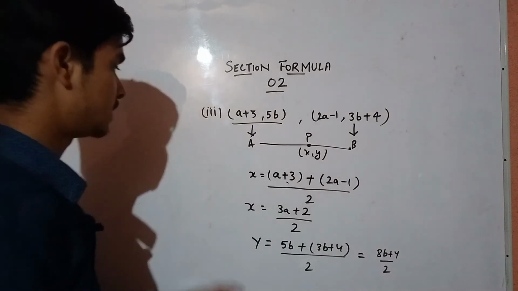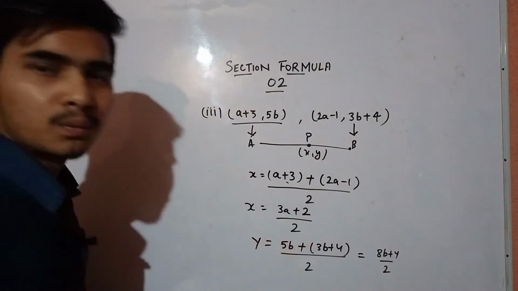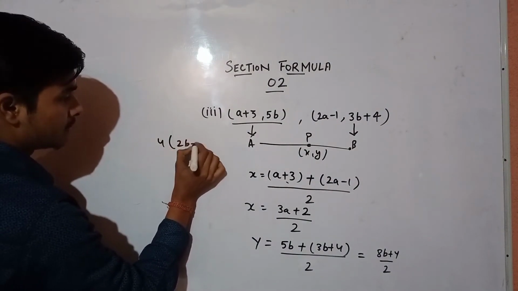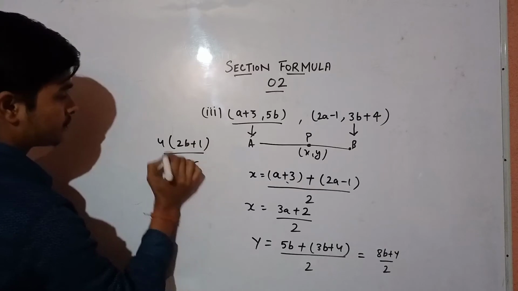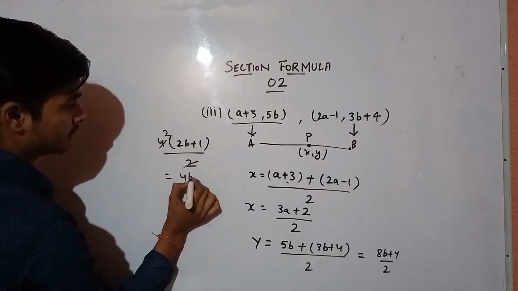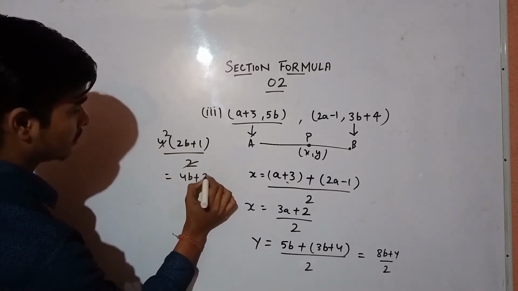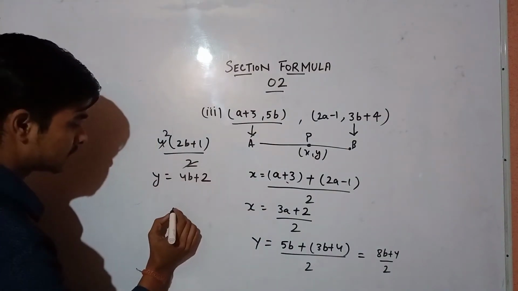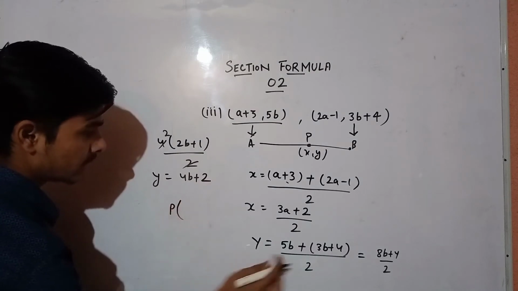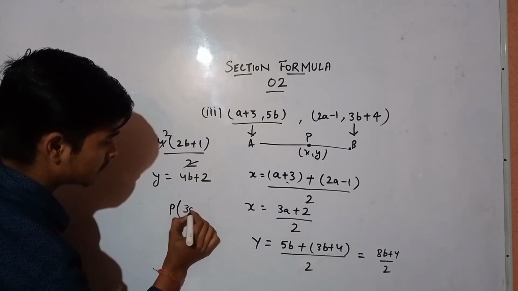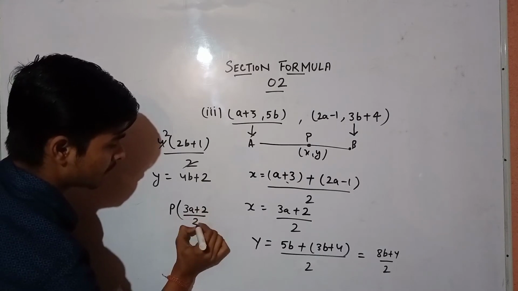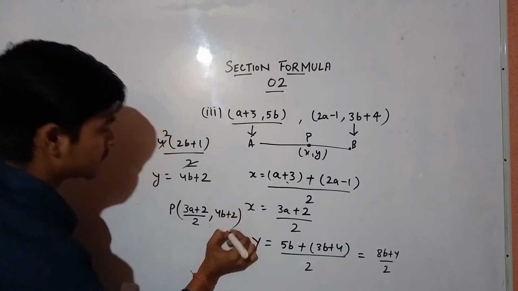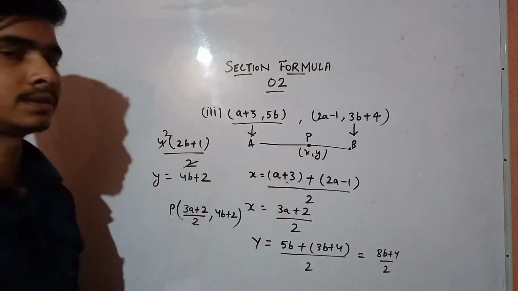Taking 4 common, we get 2b plus 1 divided by 2, so 4b plus 2 is the y coordinate of point P. At last we write the answer: P, where x's answer is 3a plus 2 divided by 2, and y's answer is 4b plus 2. So this is the coordinate of point P.